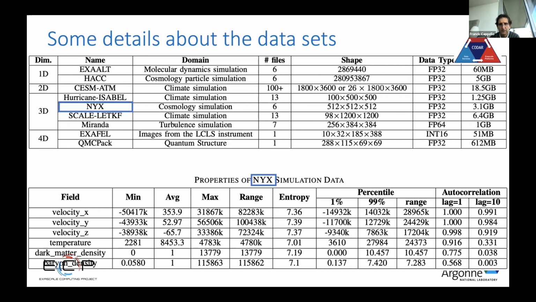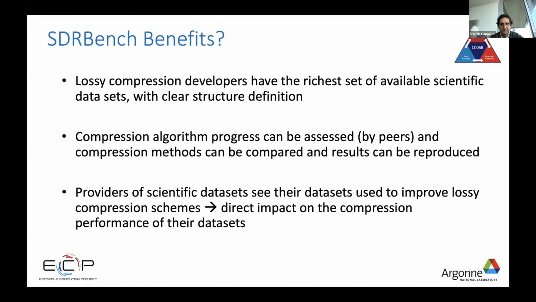You see here the number of fields, and for example for CESM you have a very large number of fields to consider when you need to compress this data set. Here, for example, you have a zoom on NICS, and again some statistics about NICS and the type of information that you can find in the characteristics file that describes the properties of NICS.